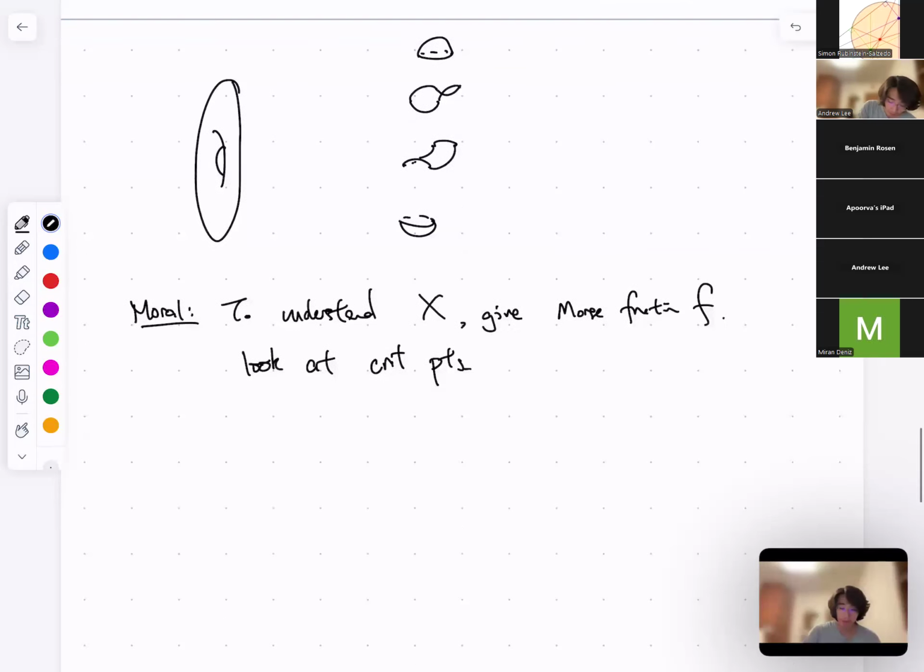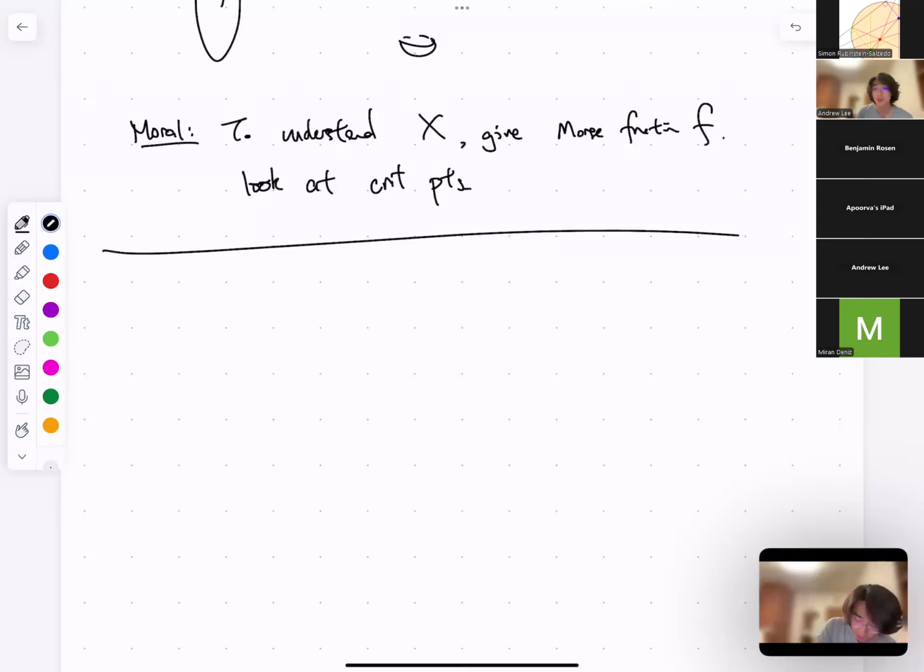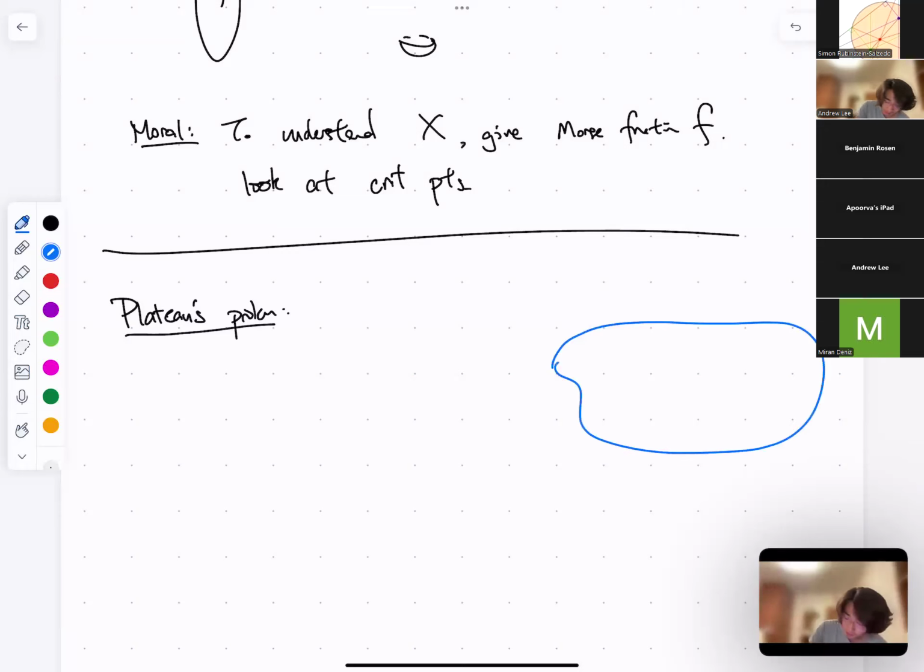So, okay, the next part, I'm going to start talking about calculus of variations. The calculus of variations starts off in these classical physics problems. And here is one of the most classical motivating problems, the Plateau problem, which is that let's say I'm living inside R3, and I have a closed curve gamma, a simple, smooth, closed curve.